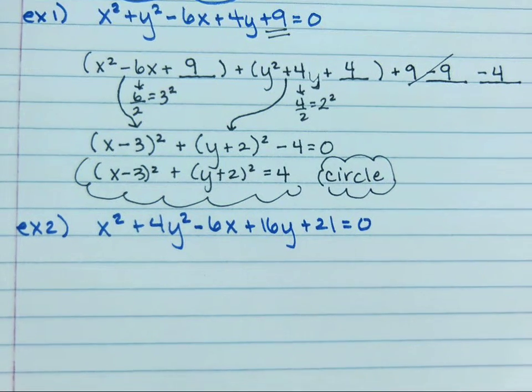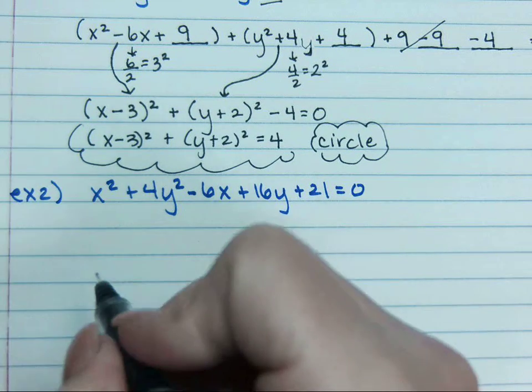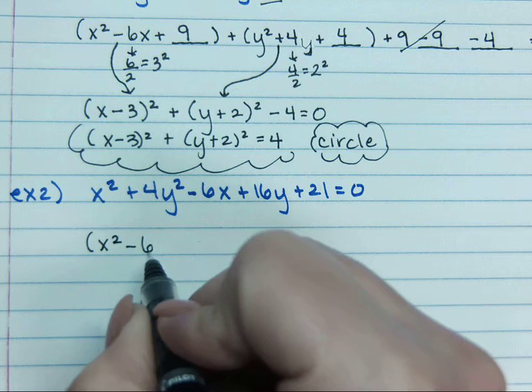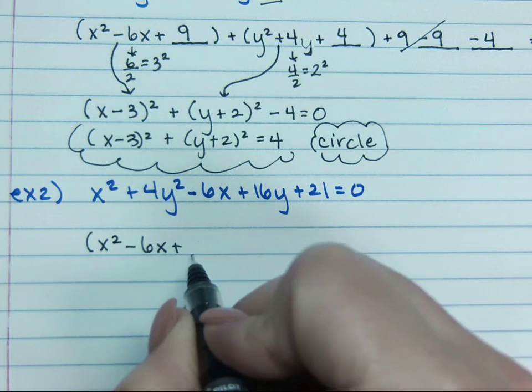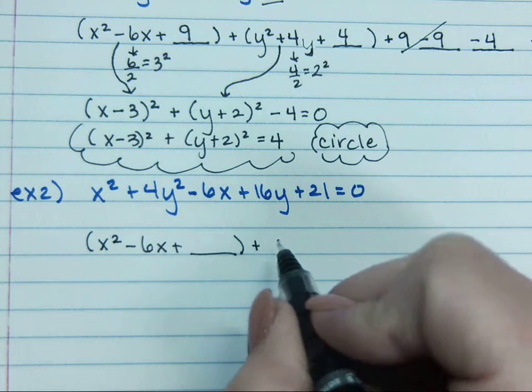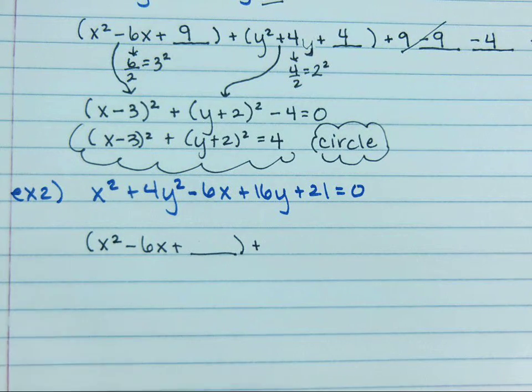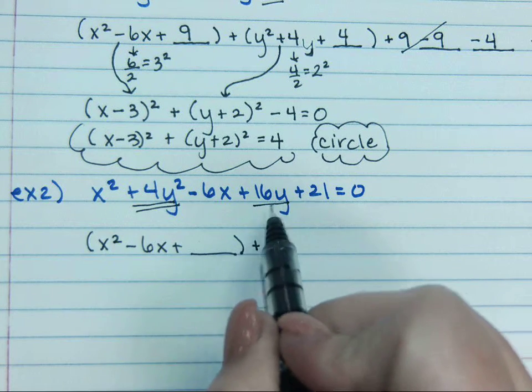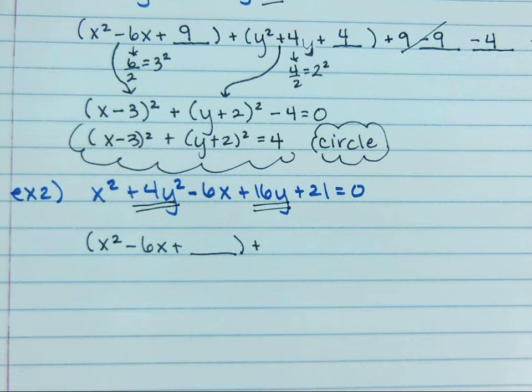Now again, if that's the equation that I have, I'm going to need to combine or contain all of my x terms together. And then I'm going to do the same thing for my y terms. Now with my y terms, however, there is a coefficient on my y squared.